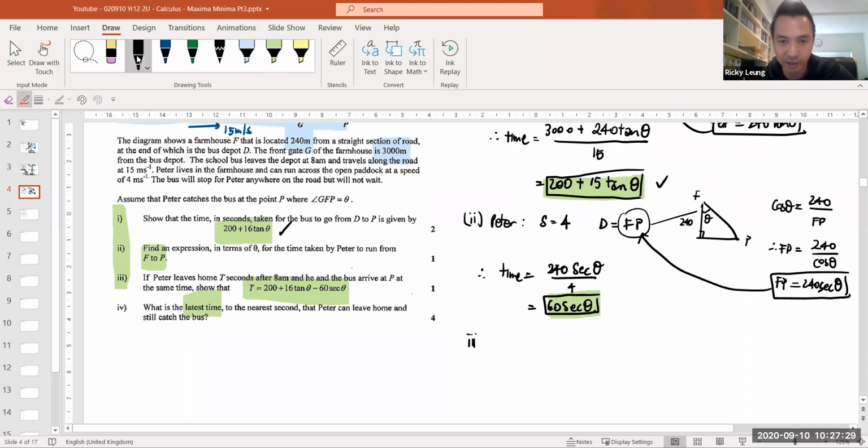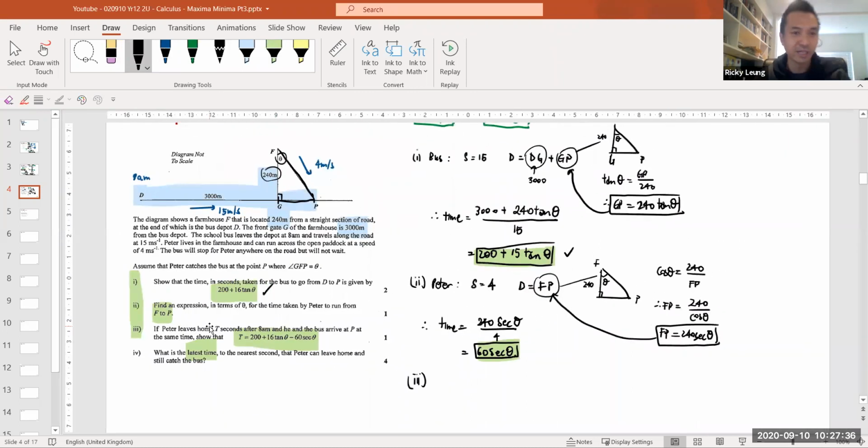Part 3 is a bit tricky in terms of the language and the context. Let's have a look. If Peter leaves home t seconds after 8 a.m. and he and the bus arrive at P at the same time, so he leaves t seconds after, we need to set the two times of meeting to be the same.